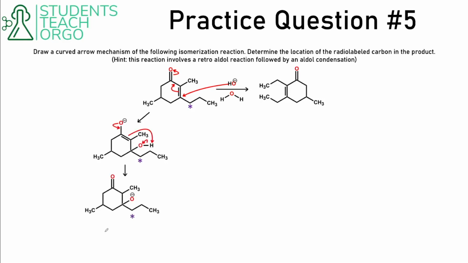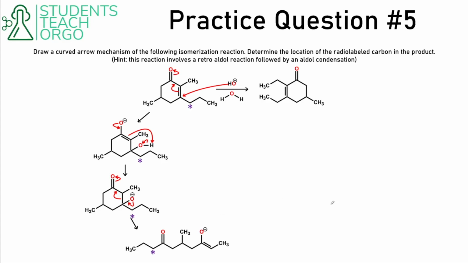We get to here. And after this, if you remember the mechanism, this is where we break apart the two molecules. In this case, however, it turns out that we had two ketones that were both on the same molecule. So this is an example of an intramolecular aldol condensation. Not any different than the intermolecular ones we were just looking at, but sometimes it can trip people up a little bit.